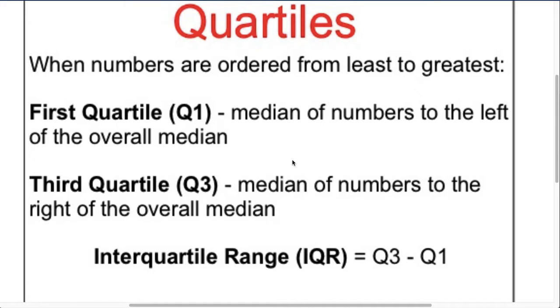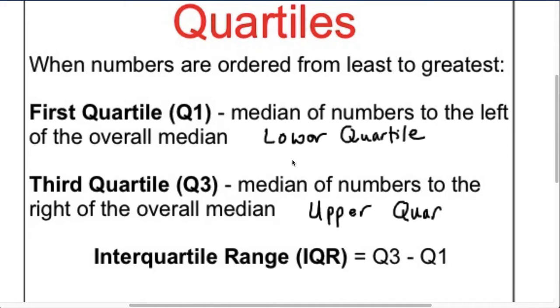And so the first quartile, also known as Q1, also known as the lower quartile, is the median of the numbers to the left, or of the lower numbers. The third quartile is the median of the numbers to the right, also known as the upper quartile, so the numbers that are above it.